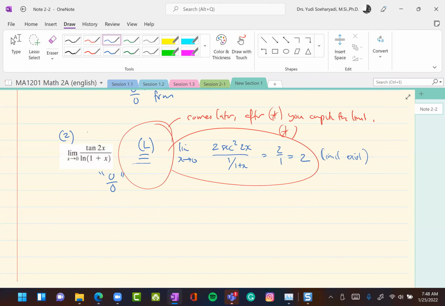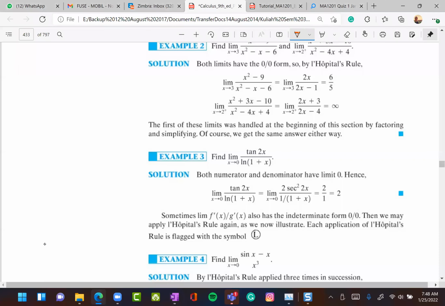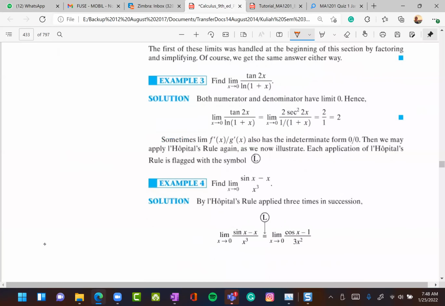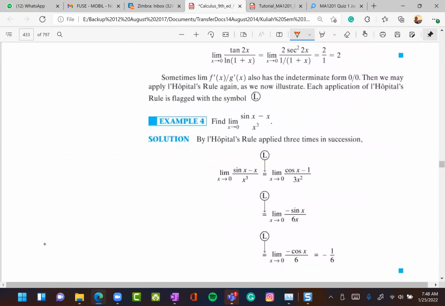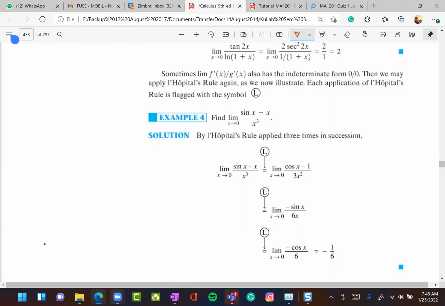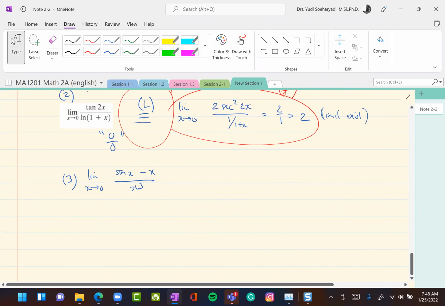All right. Sin x minus x over x cubed. Okay. So let's check the form first.